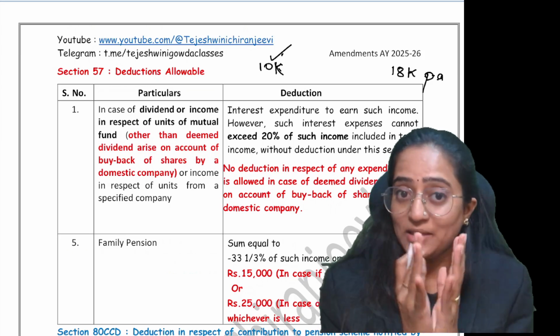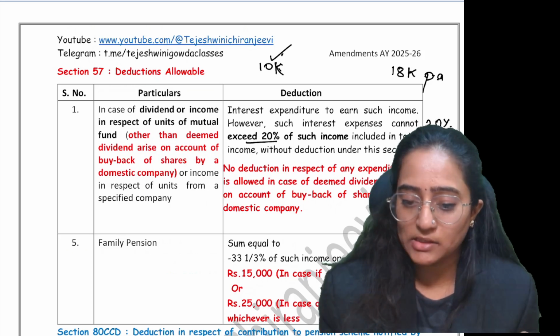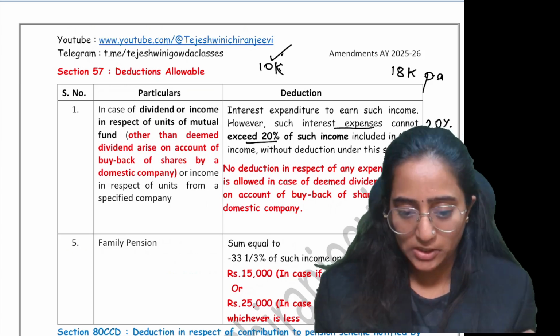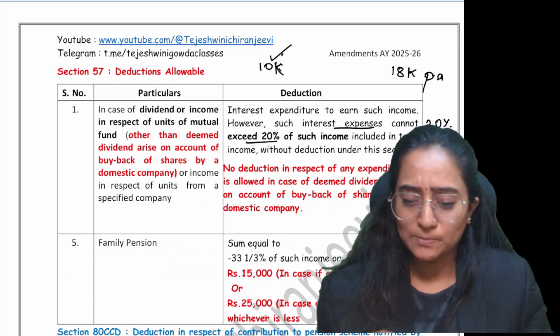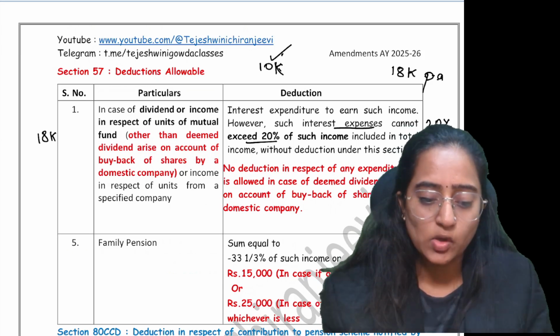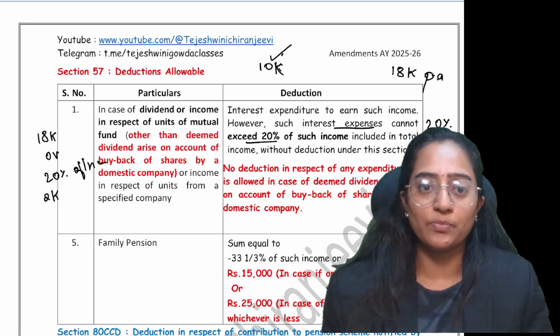Whatever interest that you are paying, take 20% of it. So that is, interest expenditure cannot exceed 20% of your income. Whatever deductions, first of all, let's take whatever interest you are paying, or 20% of your income, that is nothing but 2,000 over here.